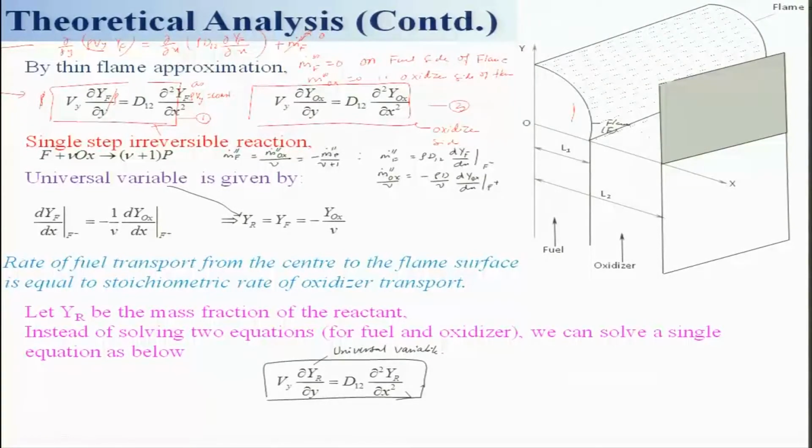So, instead of solving two, I am solving one equation. Let us say this is your equation number 3. In the next lecture we will look at how to solve this equation and get the flame surface and other things. Okay, thank you very much.